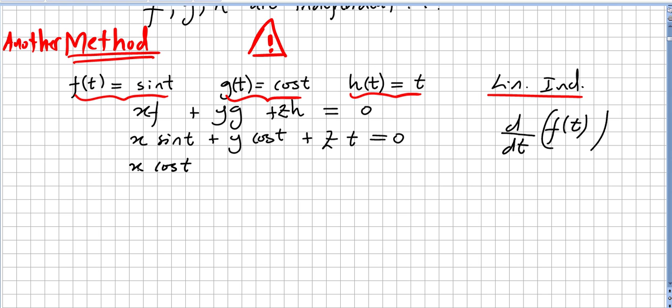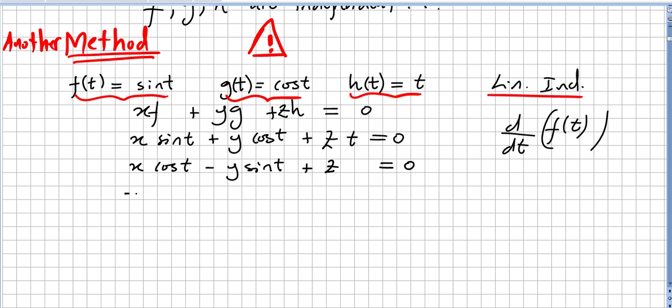So x is a scalar, do not forget that, right? So here, we are taking these basic derivatives with respect to t. The derivative here is 1, so we have z, right? That will be 0, and you take the derivative again.